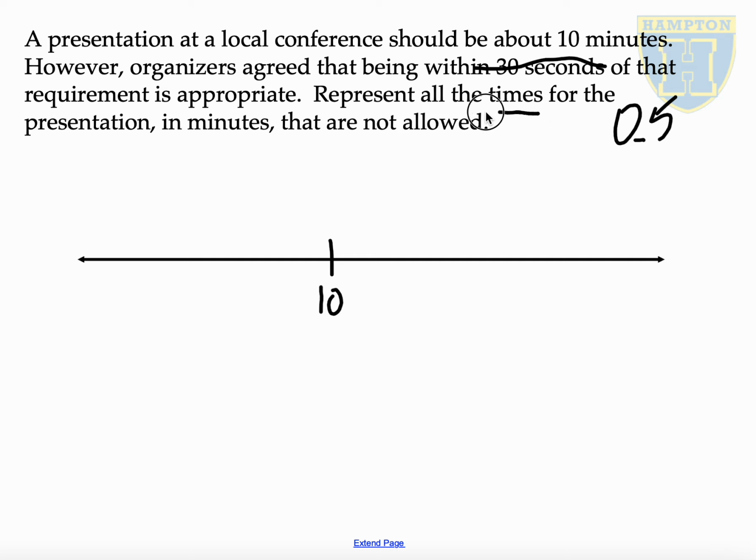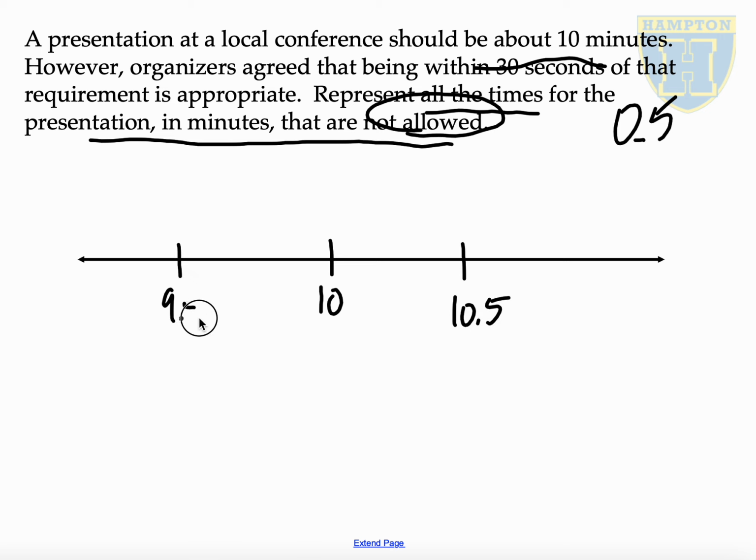But different in this example is that we need to represent all the times for the presentations that are not allowed. So again, common sense approach says, here's 10.5, here's 9.5. I'm allowed anything in this space, therefore I am not allowed anything outside of this space. I want to maintain between 9.5 and 10.5.